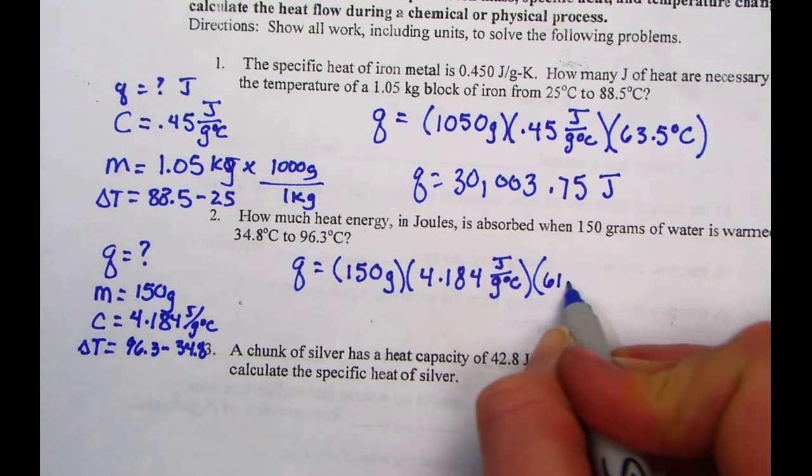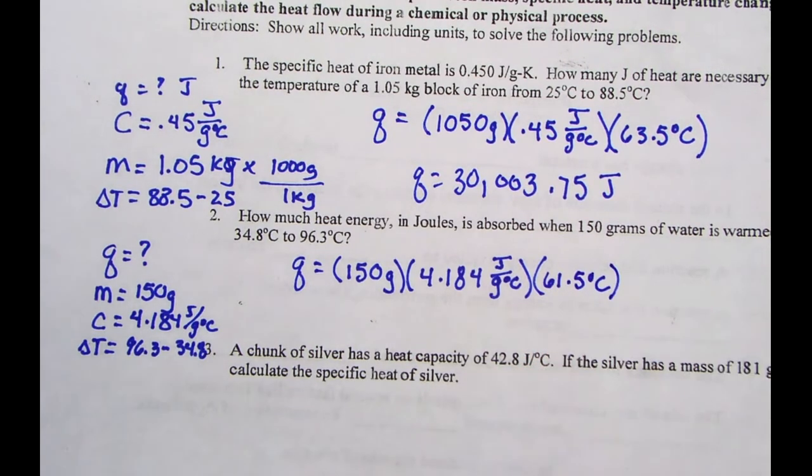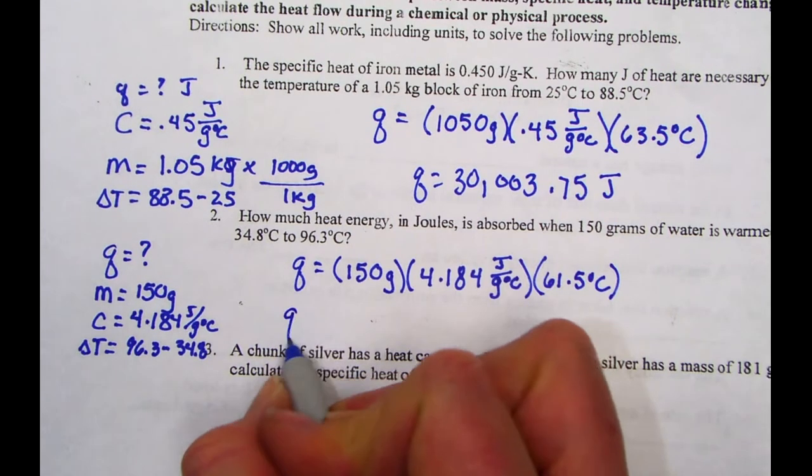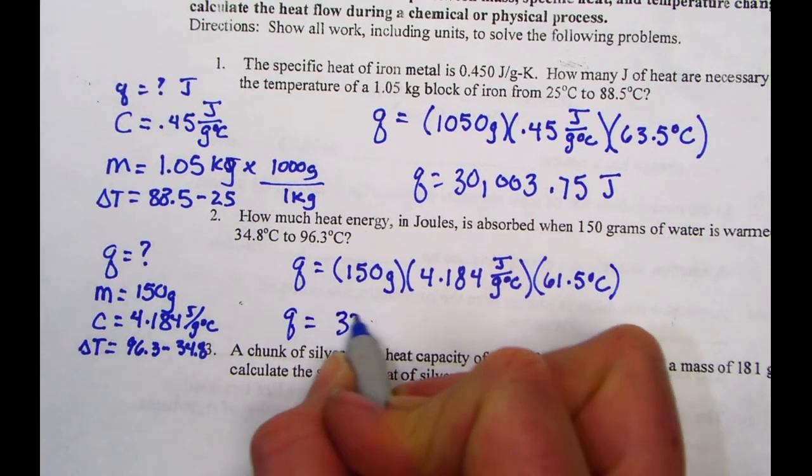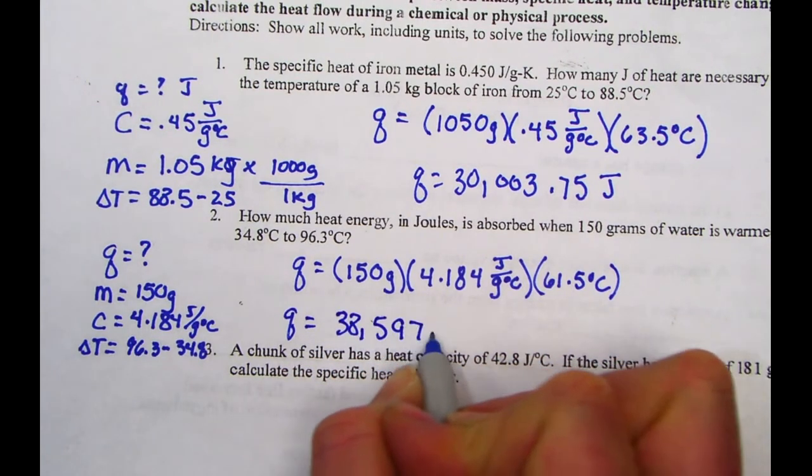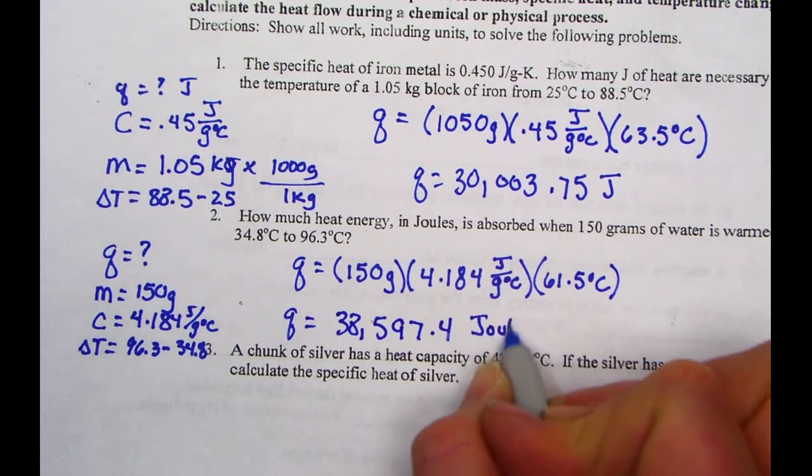I find 61.5 degrees Celsius as our delta T. MC delta T, hitting that out, 4.184 times 150. I'm showing a value for Q, 38,597.4 joules of energy.